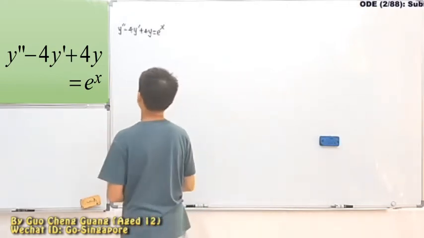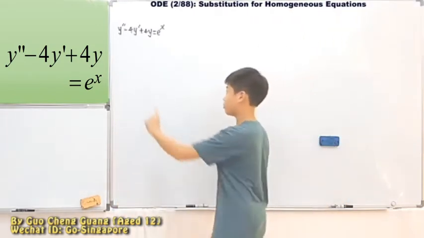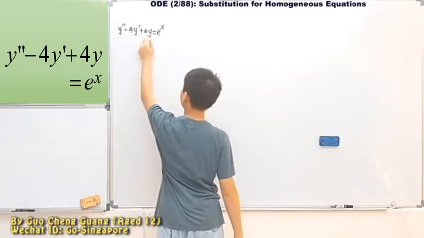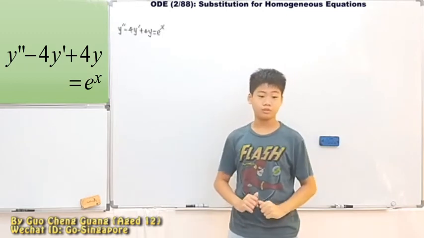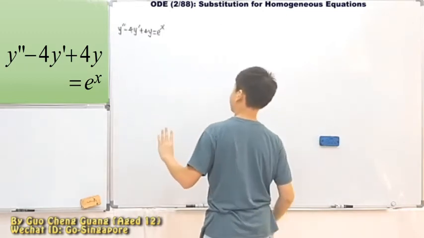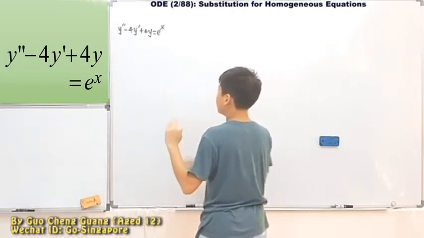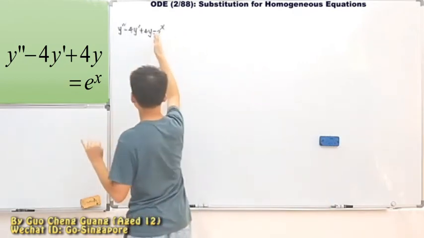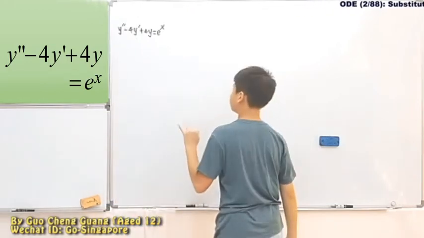This ordinary differential equation, first, let's look at its coefficients. 1, negative 4, 4. So that means this is constant coefficient, second derivative. Is this linear? Yes, it is linear. You just look at y prime and y prime prime.